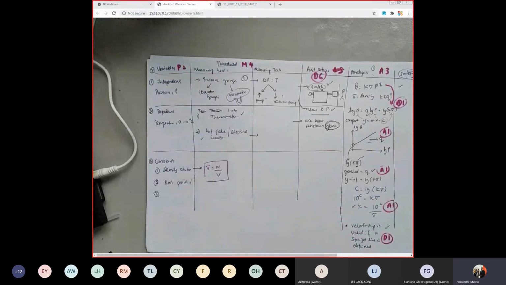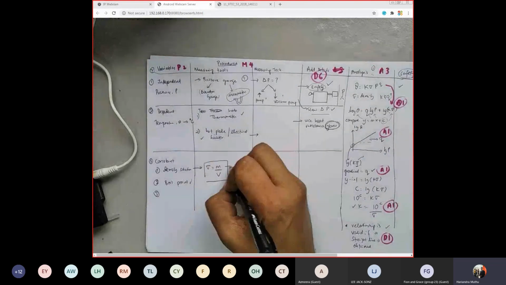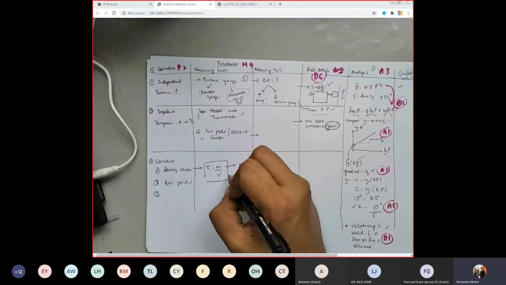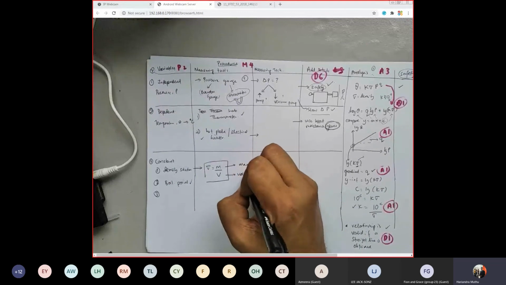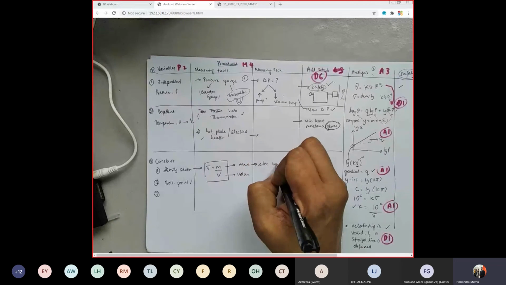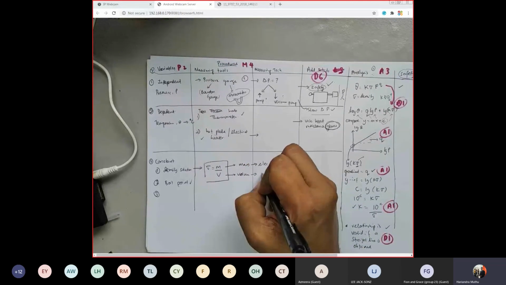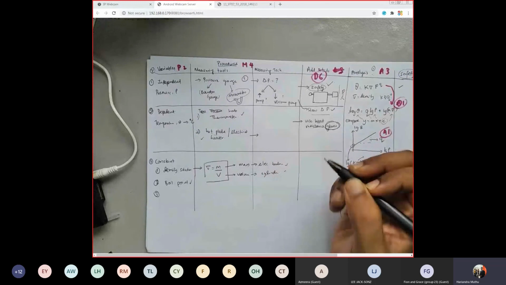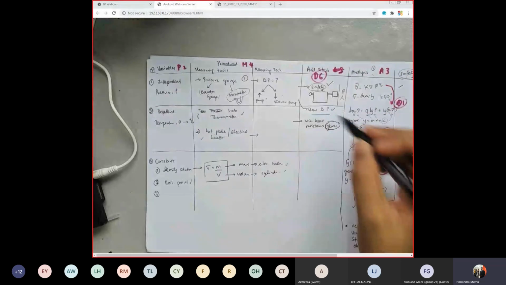If you are using this formula, then we need to make sure that we measure the mass and volume. So how do we do that? We use an electronic balance for mass and a measuring cylinder for volume. Explain all this. This is where you can score the additional mark.